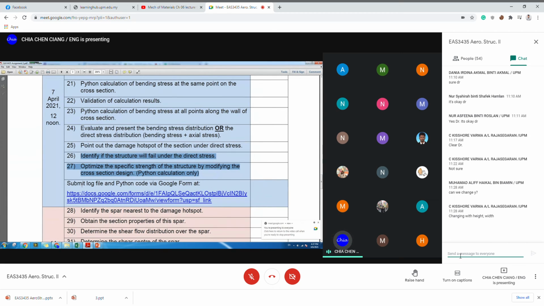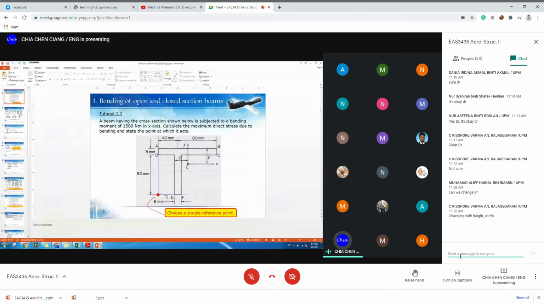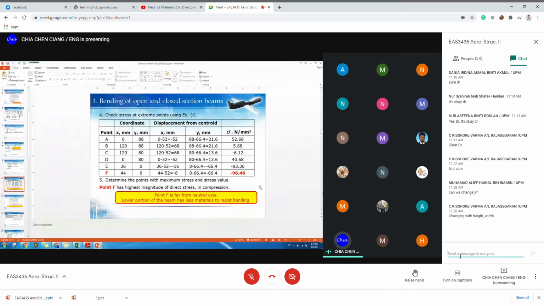Like just now when I asked, you all said, okay, increase the moment of inertia. That will be enough. You need to show me in the log file that you can use Python code to play around with the changes, trial and error, and then get particular values so that eventually in your stress distribution table, there will be no values more than the damaging stress value.